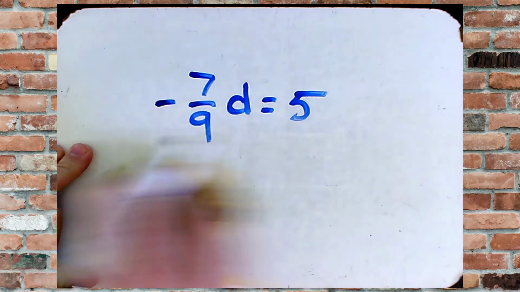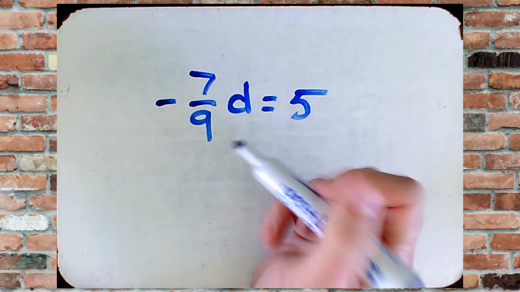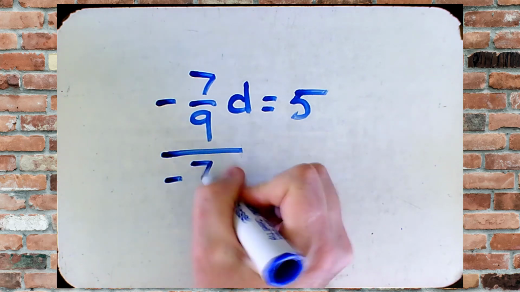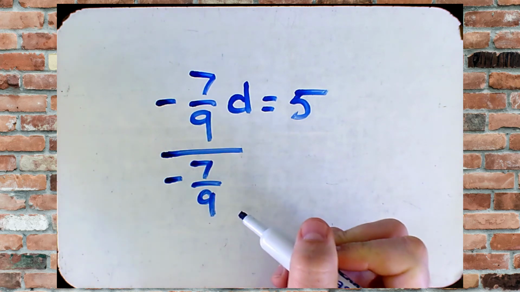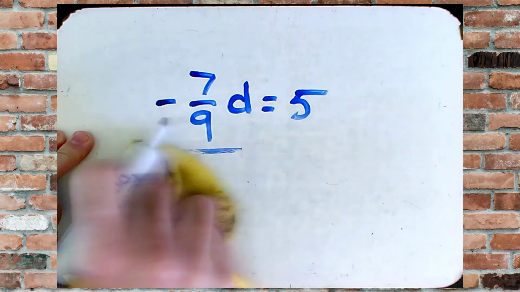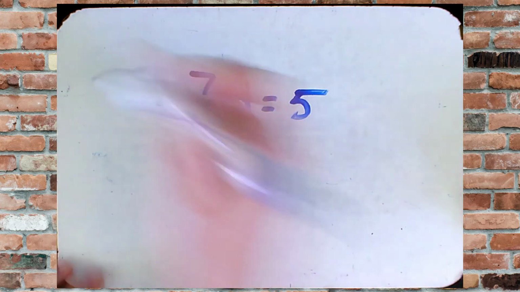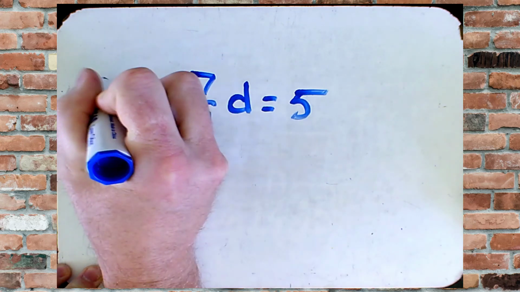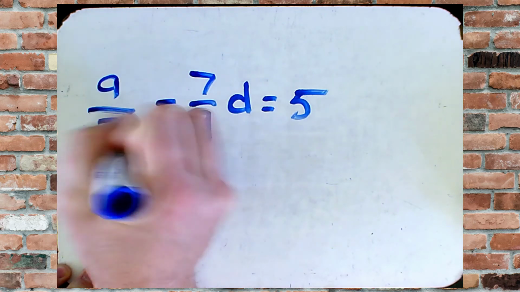So in this problem, if I use the division property of equality to divide by -7/9, all I would be doing is multiplying by the reciprocal, which would be -9/7.